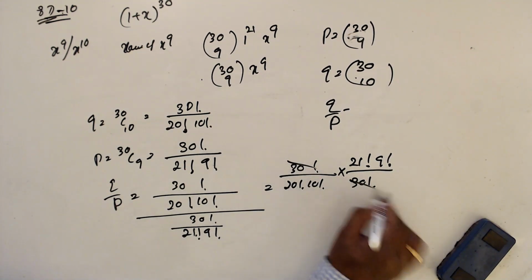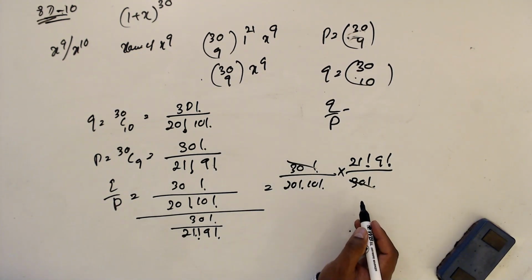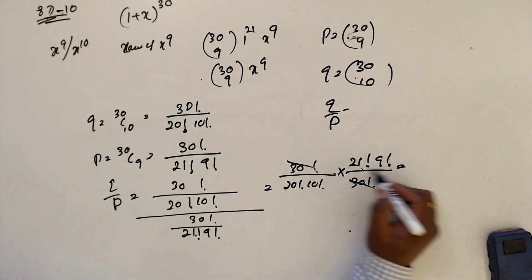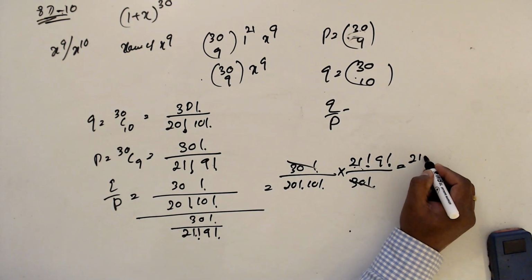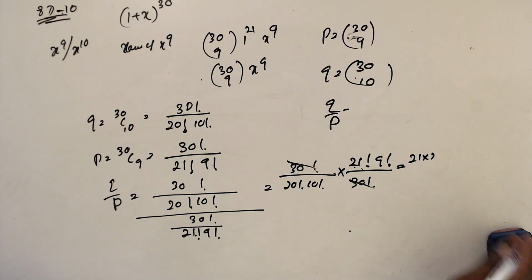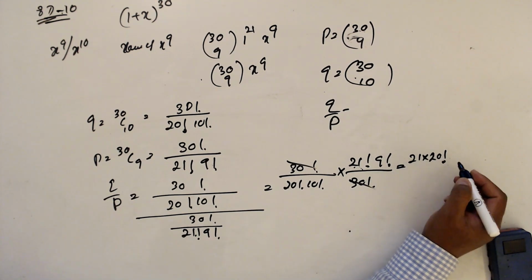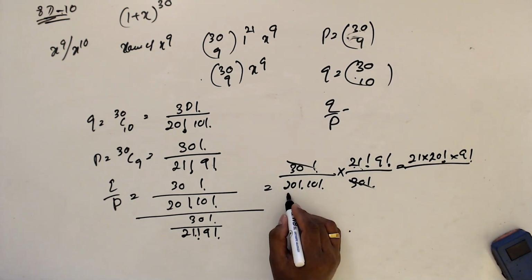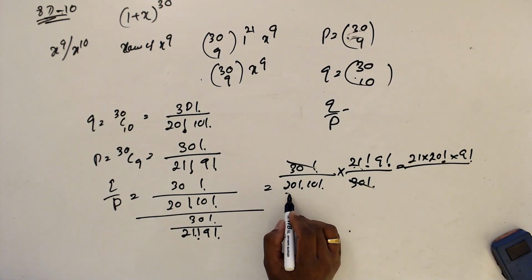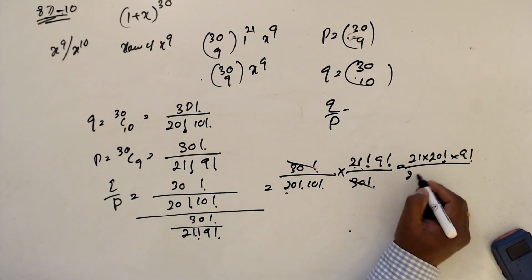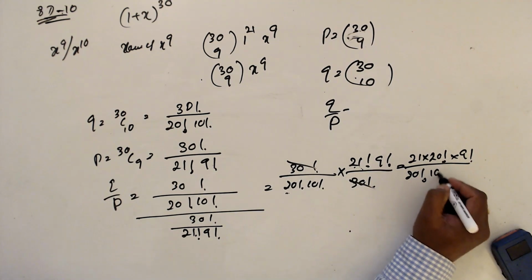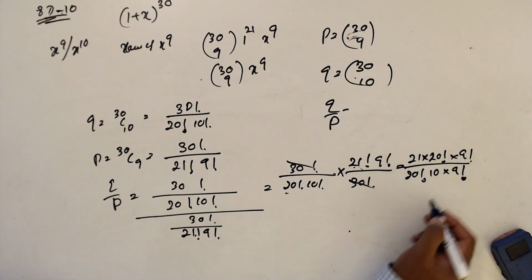So we put 30 factorial over 20 factorial 10 factorial times 21 factorial 9 factorial over 30 factorial. This cancels out. 21 factorial I can write as 21 times 20 factorial, and factorial 10 I can write in terms of 9 as 10 times 9 factorial.